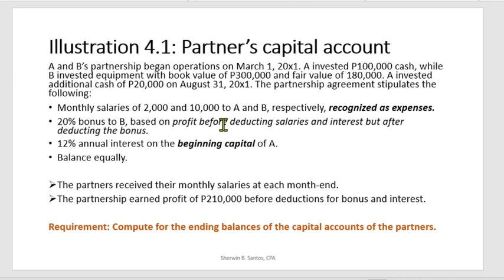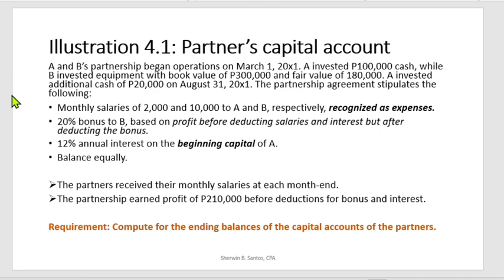So, how do we compute for your bonus after bonus? Remember, ang formula natin sa bonus after bonus is your profit before the bonus minus your profit divided by 1 plus the bonus rate.